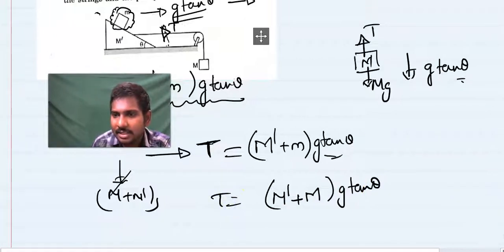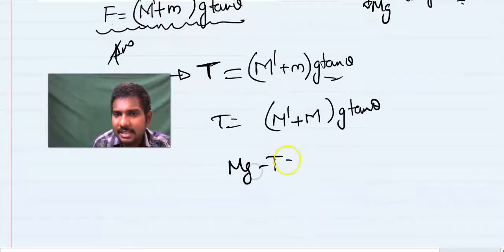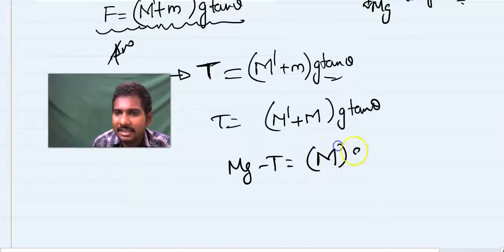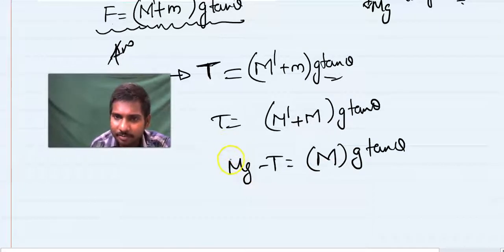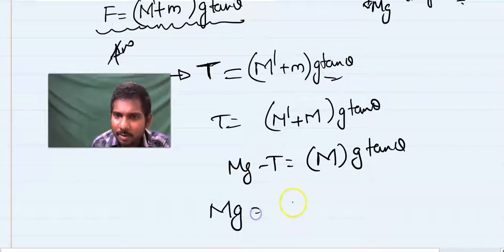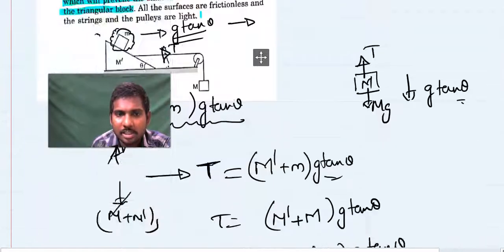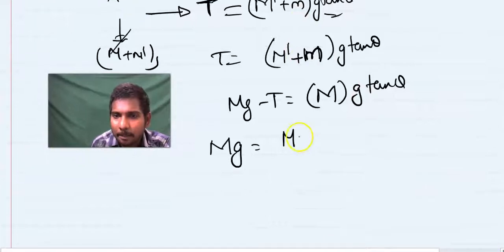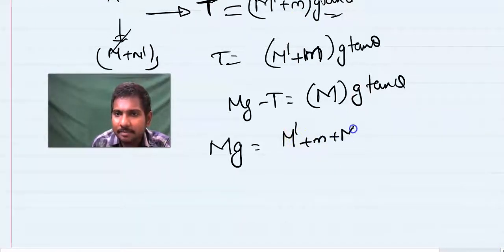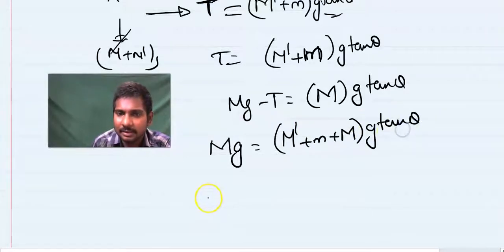Then the next equation is Mg minus T is equal to mass into acceleration, that is M g tan theta. If we add both of them, T will be cancelled. So Mg will be equal to (m' + m) g tan theta, where m' is the small block, the topmost block is the small block.